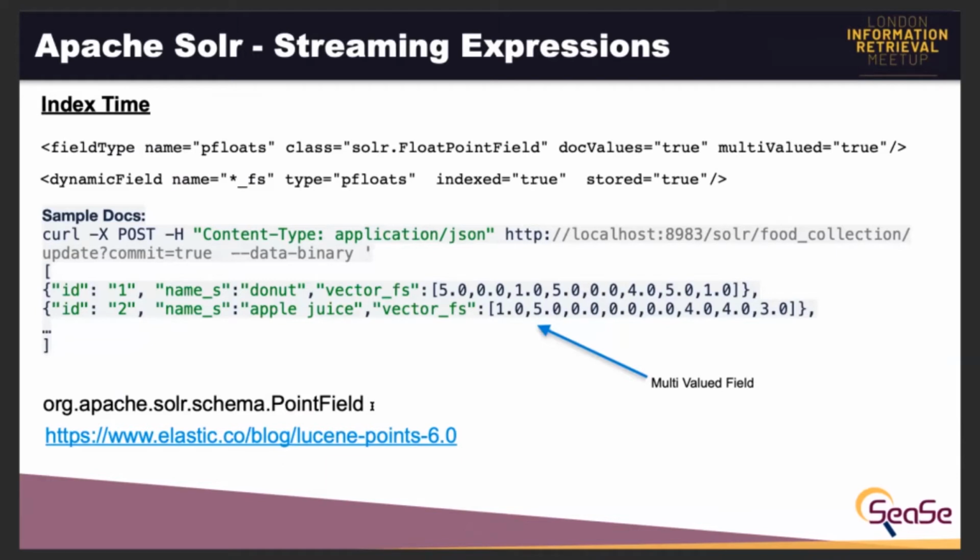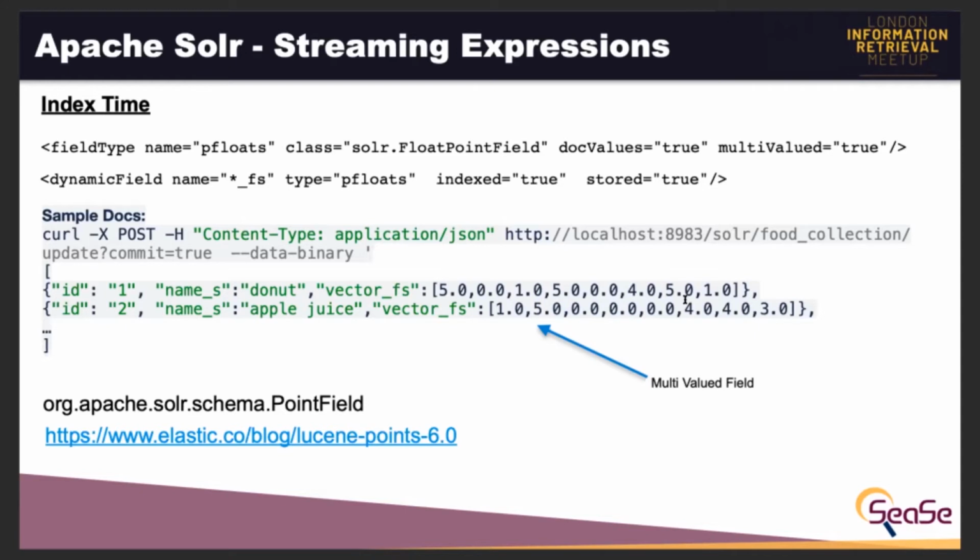So at index time, you define as a field type, actually this is the default one, which is float point field. And you may reuse the *_fs, which is a dynamic field, of type pfloats. Then you can index documents just adding multi-valued fields.